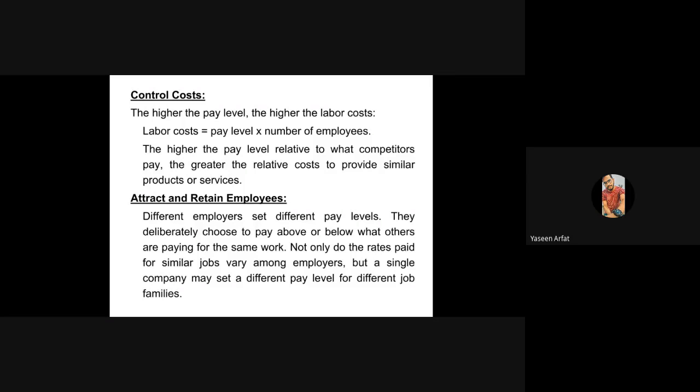It all depends on the worth, the value of the job, which have a similar strength that they share among themselves and help an organization. Those types of jobs are grouped among certain heads, so we say job families.